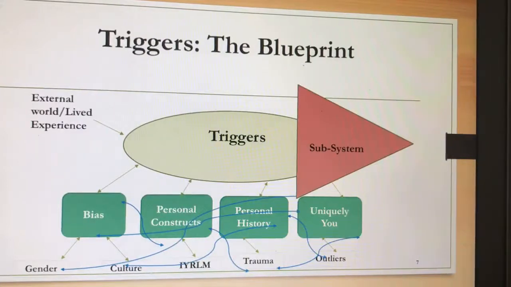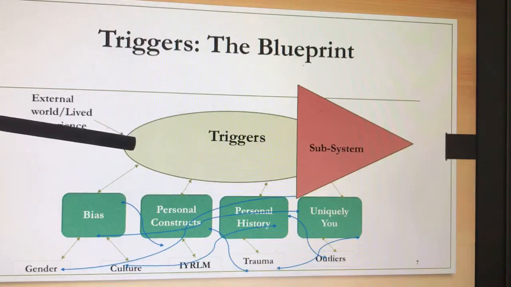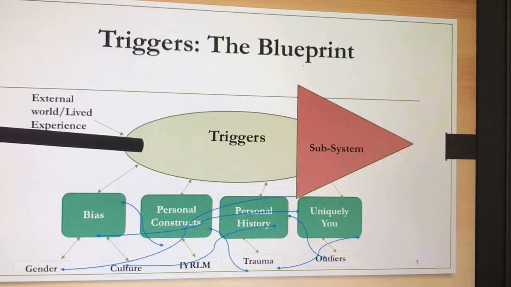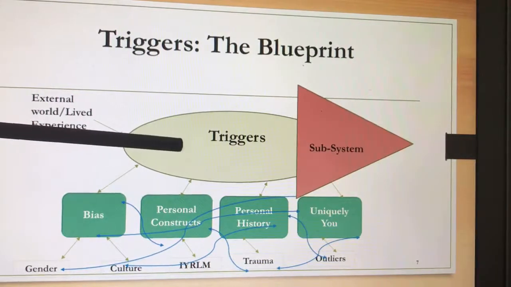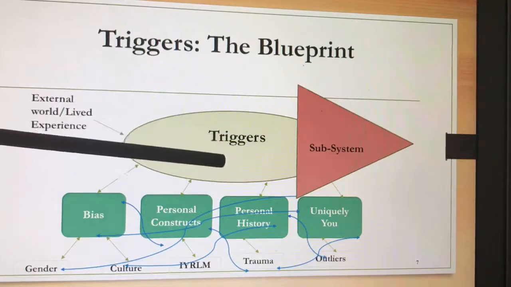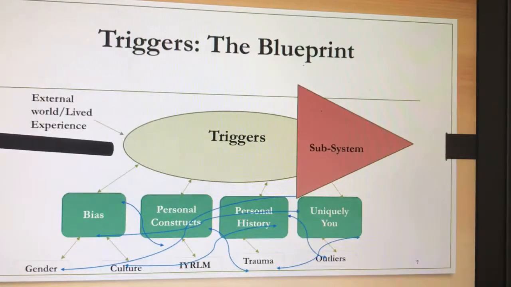What's interesting is that when an event comes in from the lived experience and activates what I call the doorbell, and this doorbell in human behavior can be activated from within the system of behavior, or it can be activated by the external world and a lived experience.